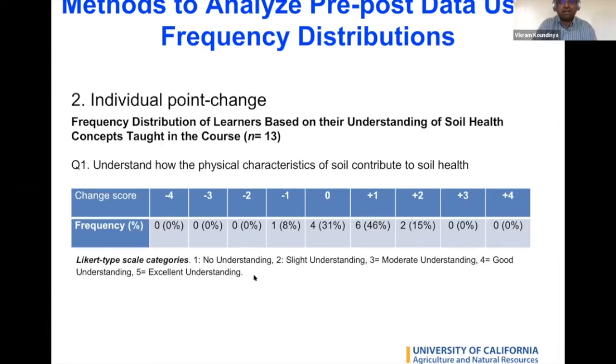So this kind of analysis, compared to comparing mean scores in a t-test, which Roshan will talk about later, gives us a different kind of understanding, right? This can be used more for program improvement, for example. Because in a t-test, all you know is whether there was a significant change in understanding or the mean scores from pre to post.